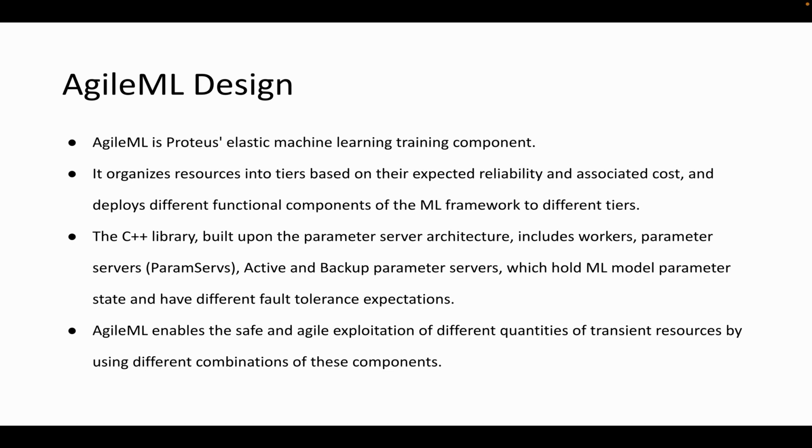Basically, AgileML's design in the C++ library is based on a parameter server architecture. The parameter server architecture has components like the parameter server, active and backup parameter servers, and workers. Any ML algorithm is basically an iterative process in which the parameters are decided, and we try to find the optimal parameter values for the machine learning algorithm based on our data and our requirements.